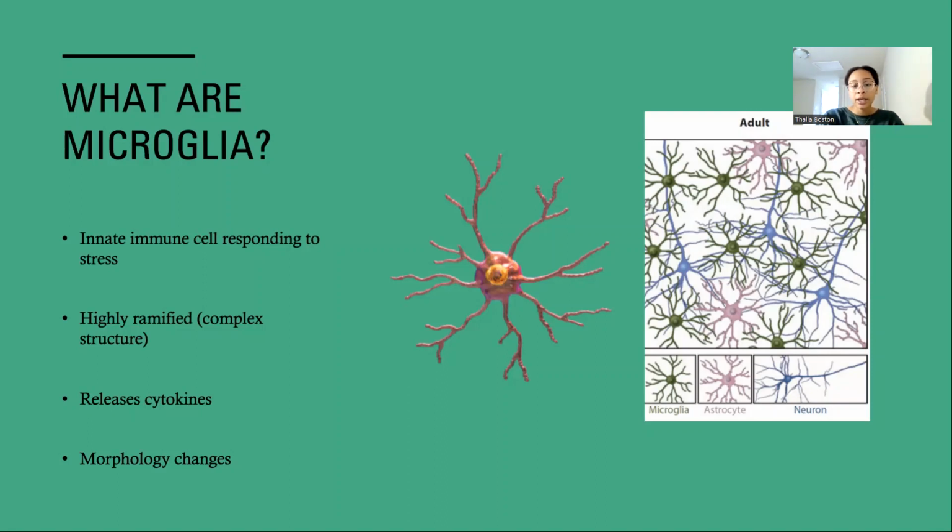The way it looks, I think of our hand as the central nucleus, and our appendages are the branches that stick out. Scientists classify this as highly ramified, which basically means that it has a very complex structure.